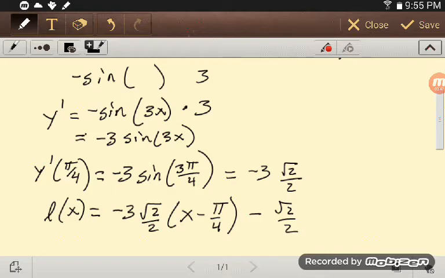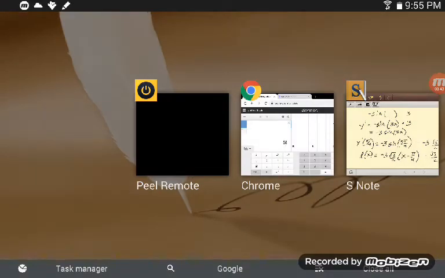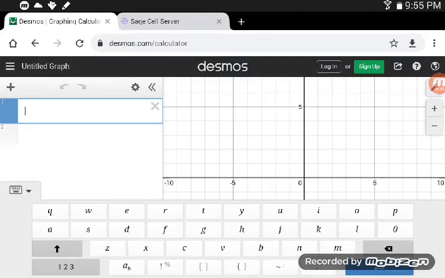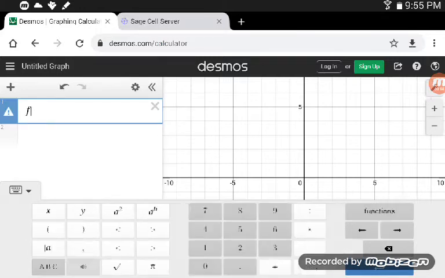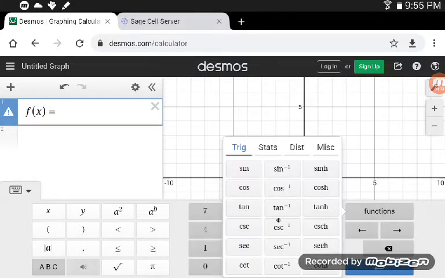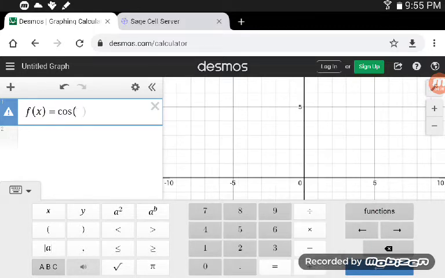We can go here to Desmos, and our original function, I'm going to call it f of x. So f of x is equal to cosine of 3x.